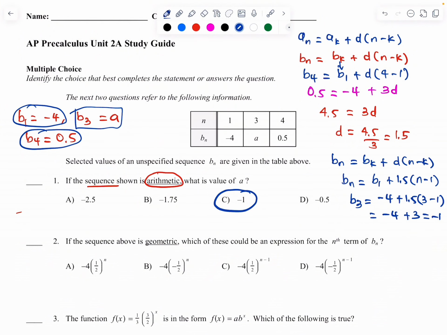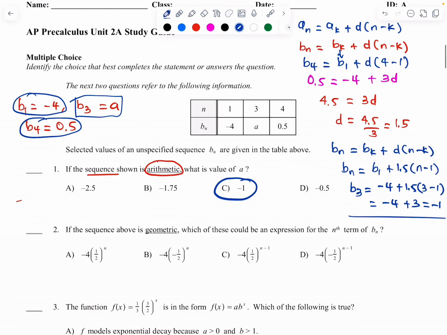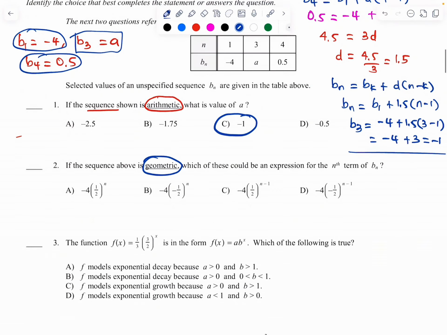Let's move to this next question. For the next question, it's saying that the sequence in the table is geometric. So how are we going to solve this one if it is not arithmetic and it's geometric? I will still probably use the same approach, but now I am going to use a different formula.